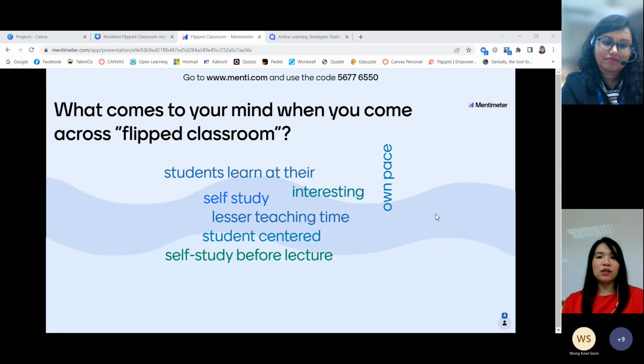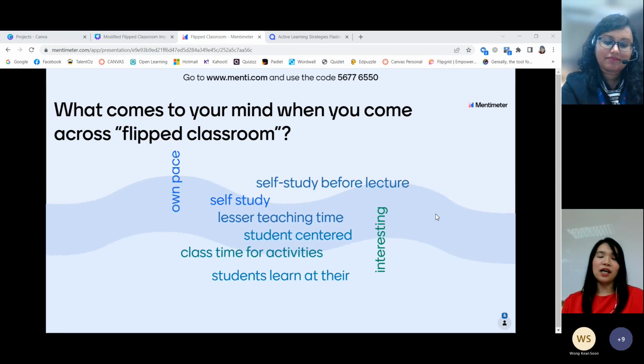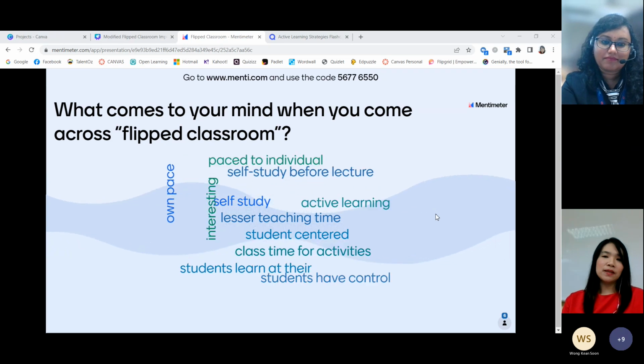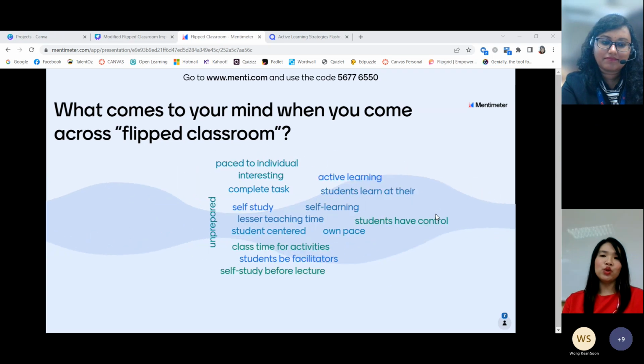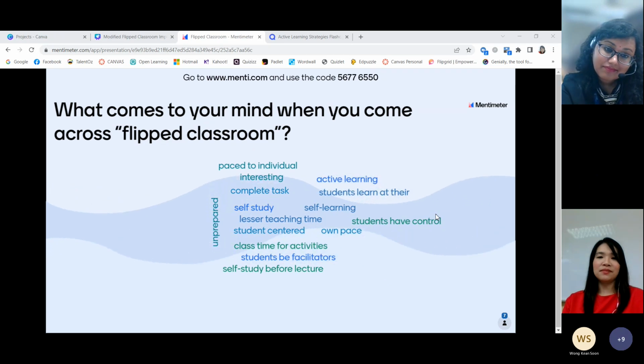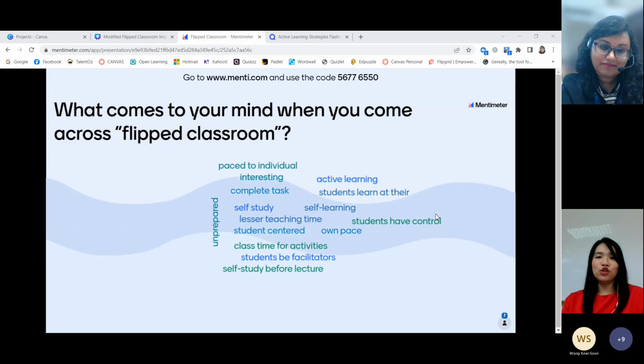I see most of the responses here are about the benefits for students. What about lecturers? For example, one of you says lesser teaching time, which sounds like good news for lecturers. What other benefits can we think of for lecturers?